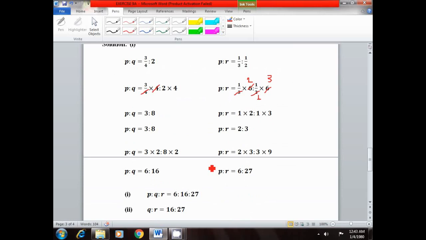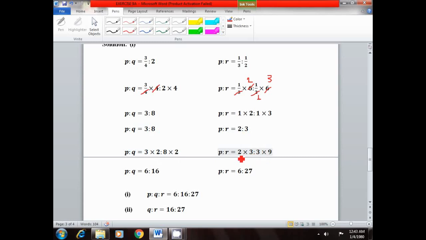For this, we will multiply the left side ratio 3:8 by a constant number 2, and the right side ratio 2:3 by a constant number 3.